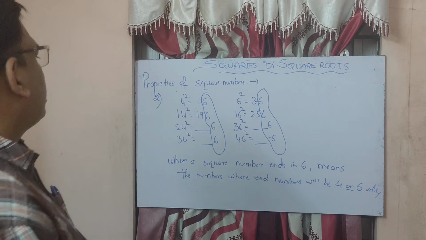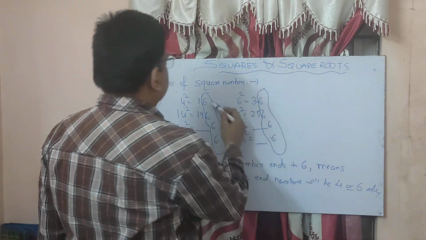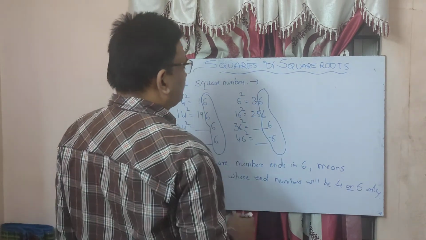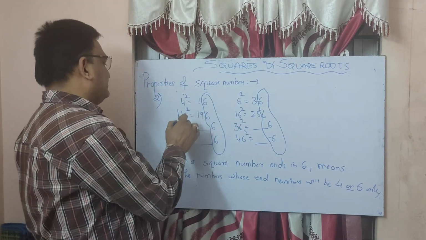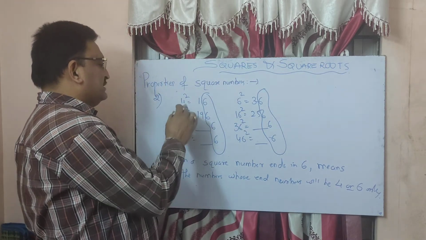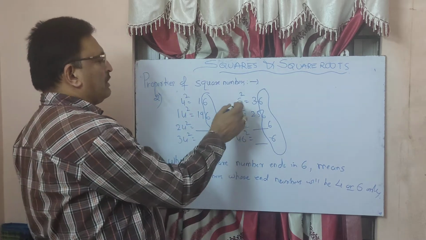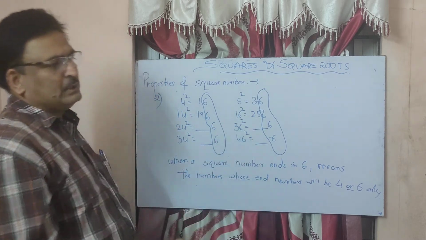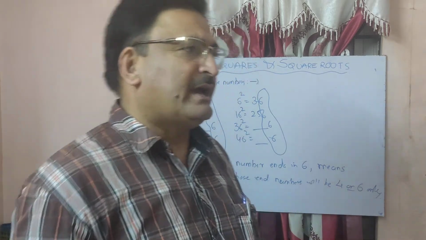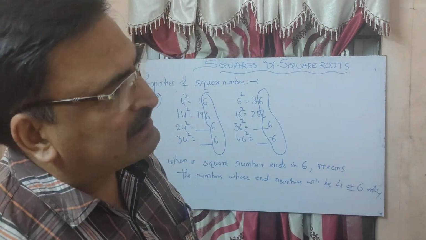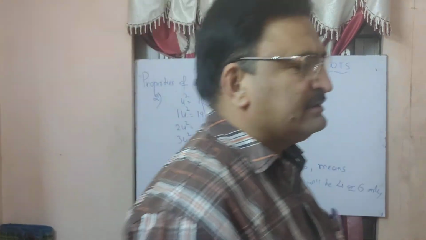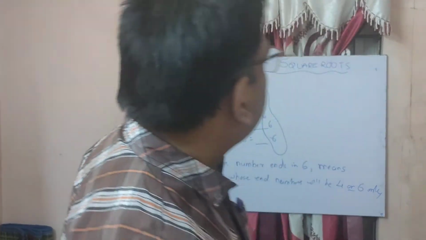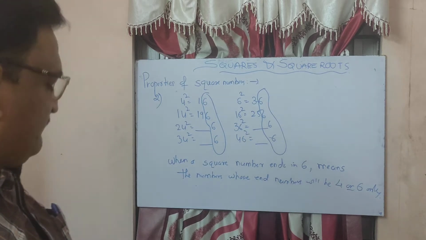If a square number is having the last number as 6, it means the square of numbers whose end numbers are 4 or 6. Then only the square of that number will end with 6 only. This is also one of the properties.